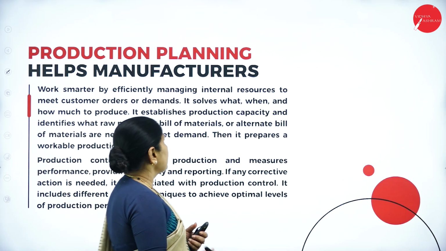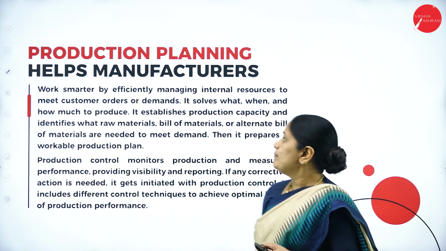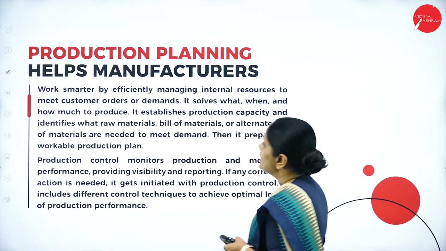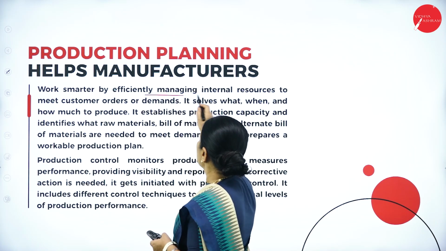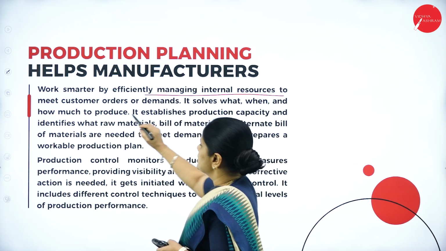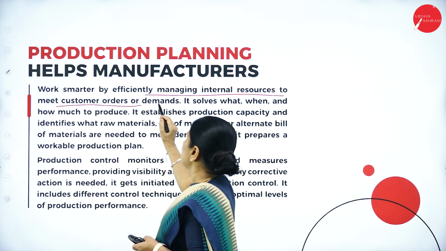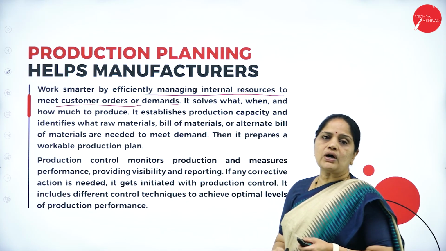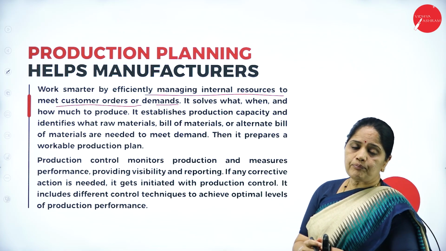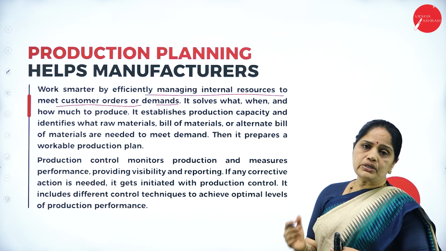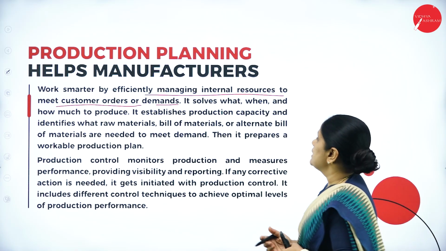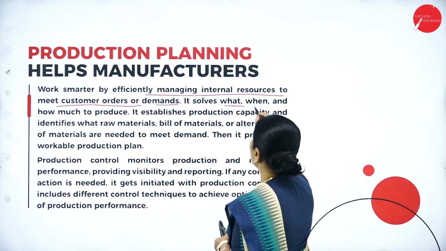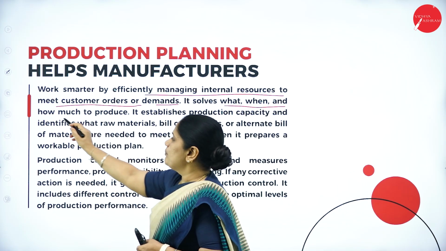Next is production planning for manufacturers. Work smarter by efficiently managing internal resources to meet the customer orders or demands. Whatever the internal resources of the organization, they are put to the best use in order to see that the customers' demands are met. It solves what, when and how much to produce.